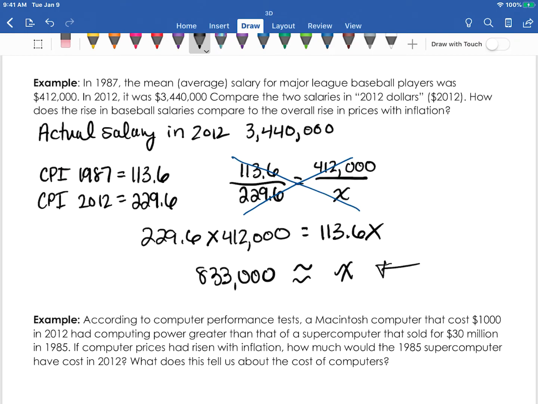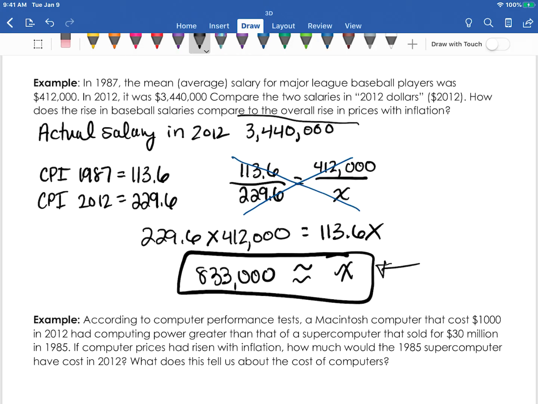So the baseball salaries have far outpaced the rate of inflation. We can say that the average baseball salary is more than quadrupled what it should be based on inflation. So they're making a killing, is basically what this is saying. This is what the rate of inflation says they should make in 2012 versus what they are actually making.